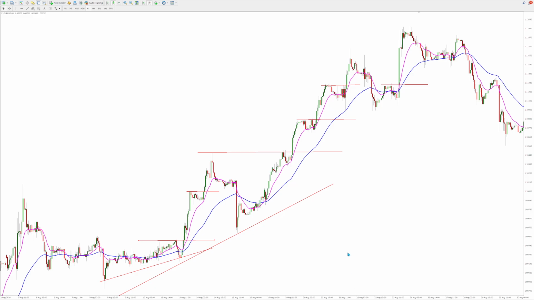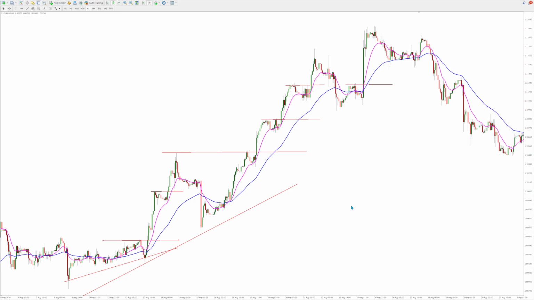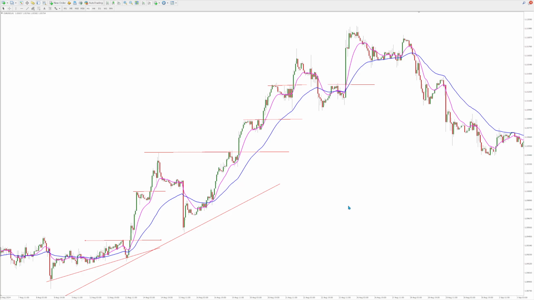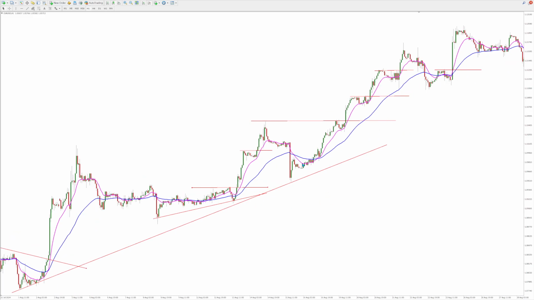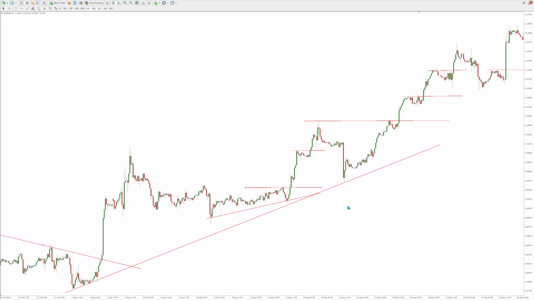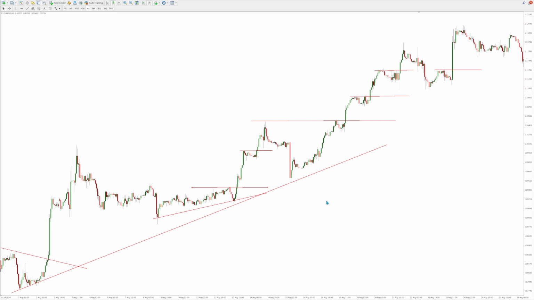For me, longer term chart time frames, especially with EMAs, moving averages, just because I find there's so much noise on the lower chart time frames that the signals you get just aren't as reliable. And yeah, from my perspective, I could quite happily just remove those indicators from the chart, and I could just draw my higher lows there, I know we're in an uptrend.